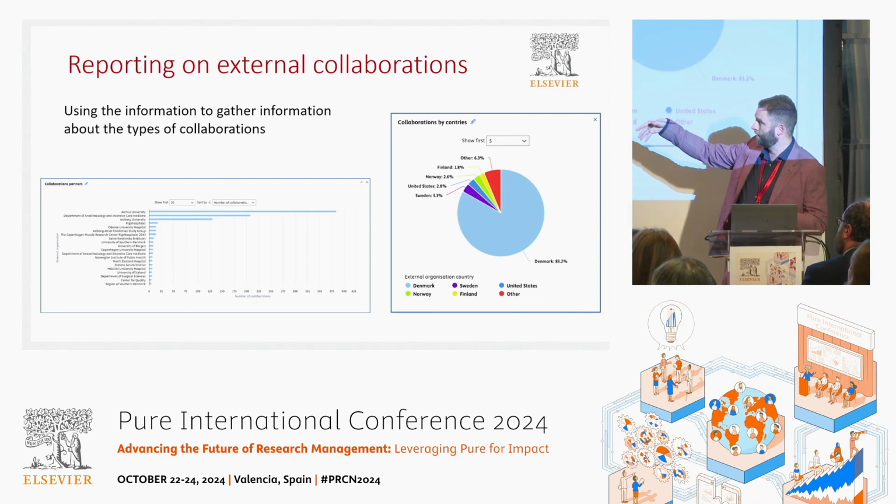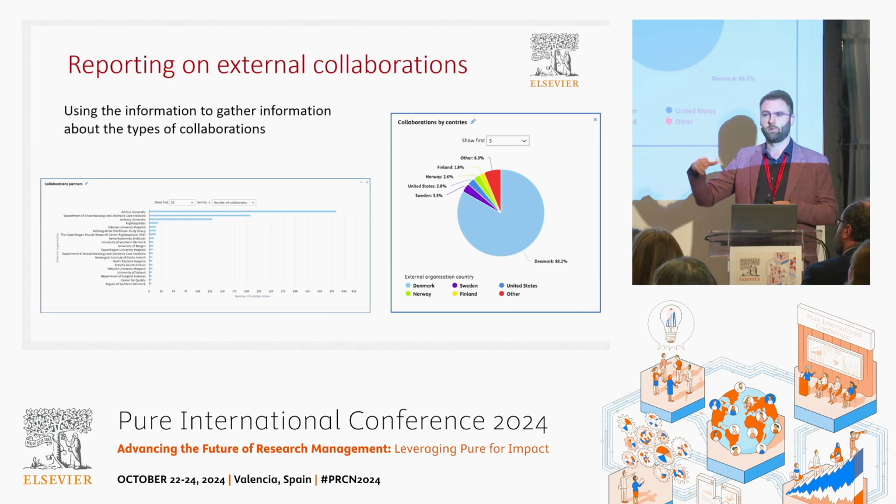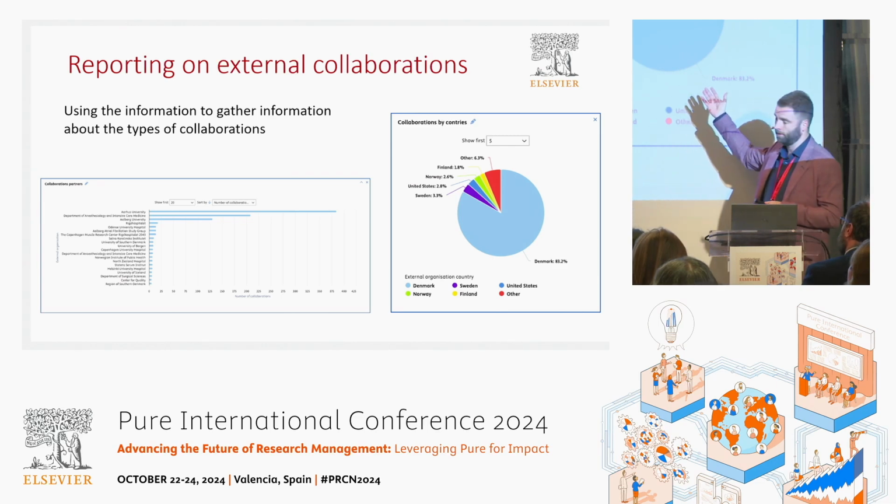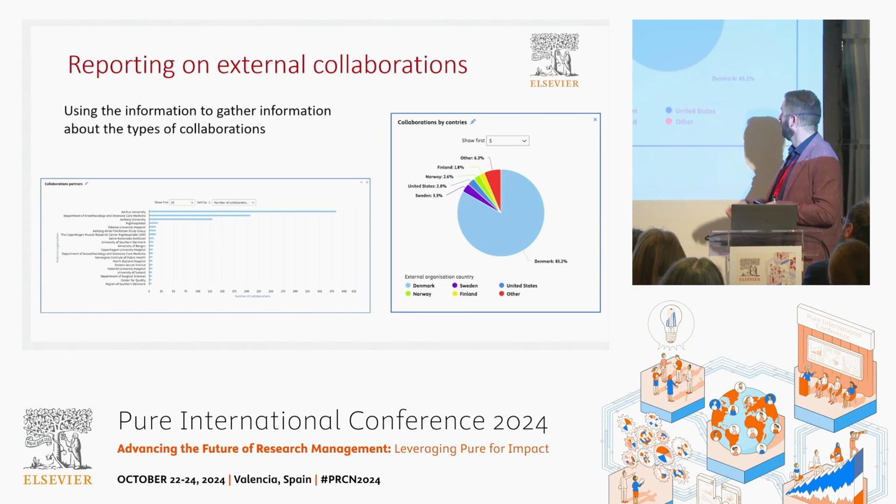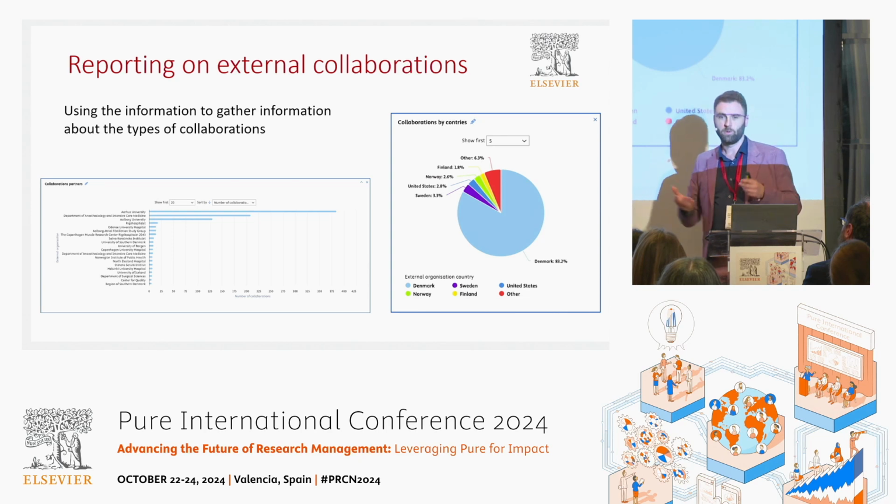You can then rank them or only show the top 5, right? So what are our 5 top collaborative partners, for instance, or which countries are we collaborating most with? So in this instance, it's Denmark on this data I've used here. But you get the point, right?